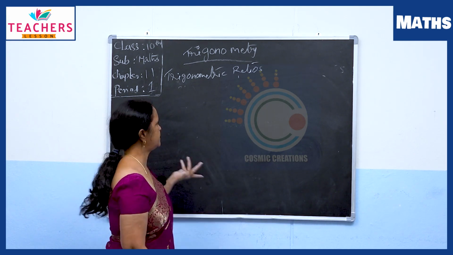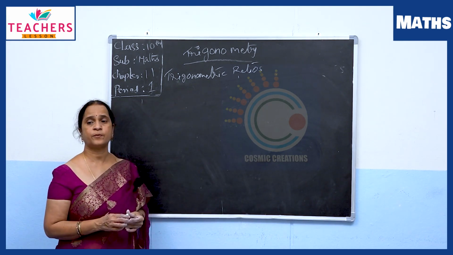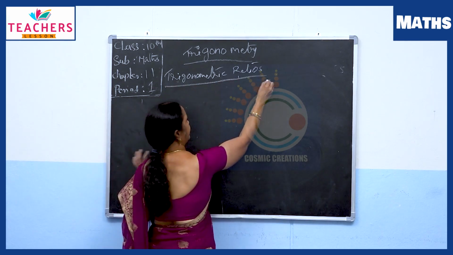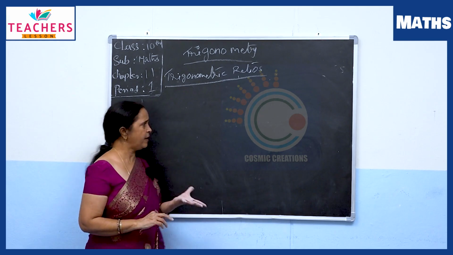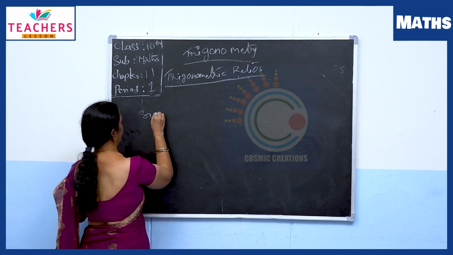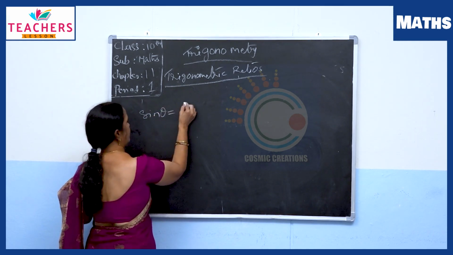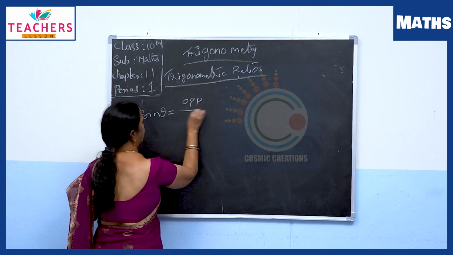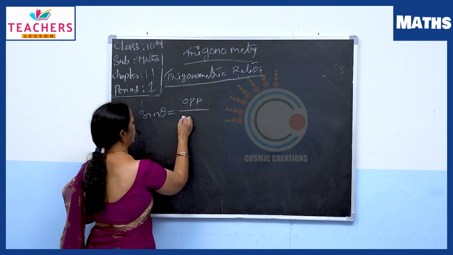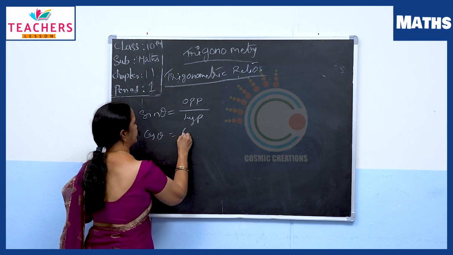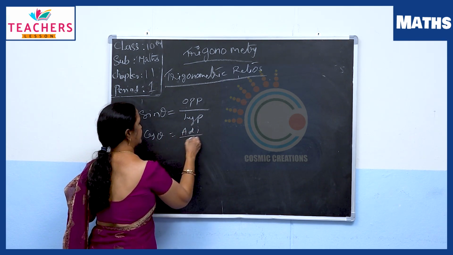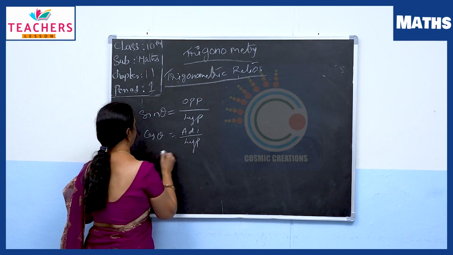Reciprocals also there. What are the reciprocals of the trigonometric ratios? You know about sine, cos and tan. Sine of theta is opposite to the angle theta and hypotenuse, and cos theta is adjacent to theta and hypotenuse.